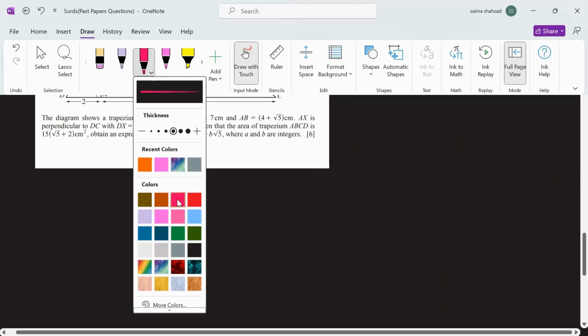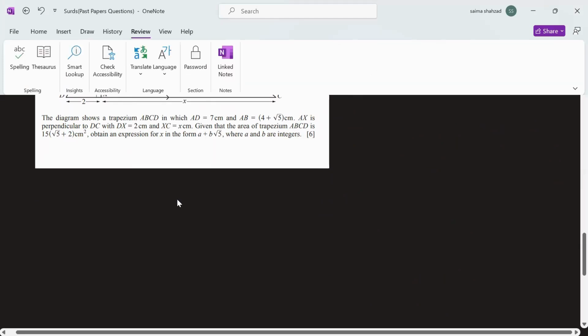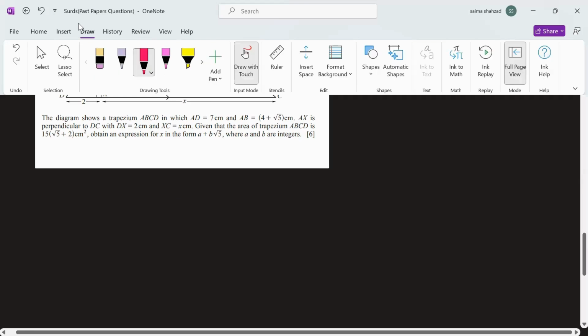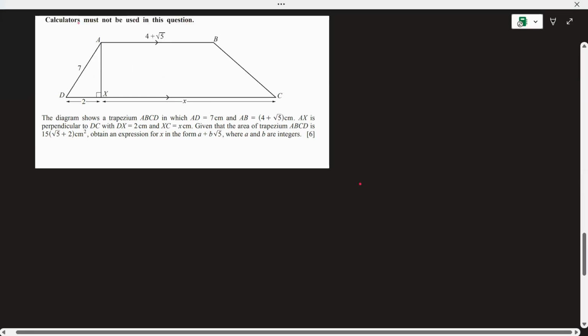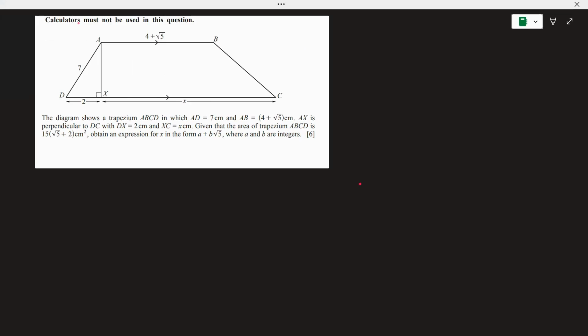And AX is perpendicular to BC, and DX is 2 centimeter, and XC is x. Given that the area is 15 times under root 5 plus 2, you have to find an expression for x in the form of a plus b under root 5.